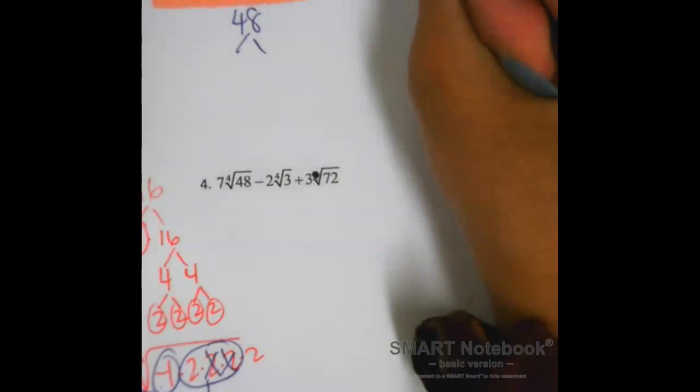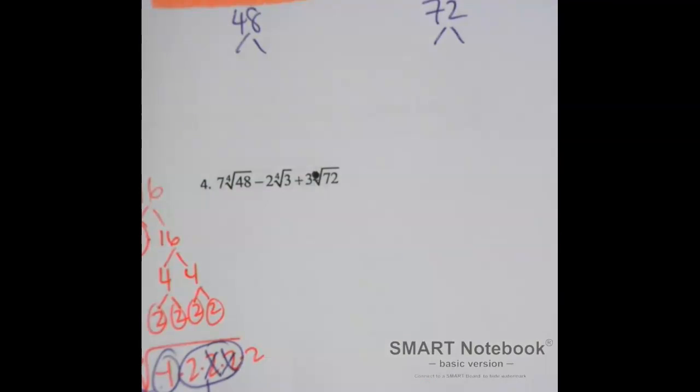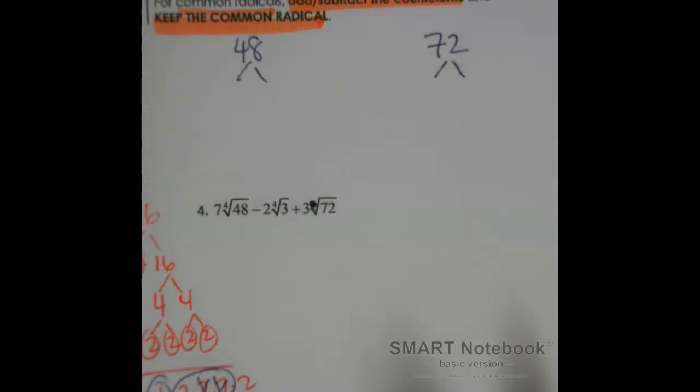And then the last part is 72. So first, find out all the prime numbers for these, and then try to simplify it. Let's write out all the prime numbers first.